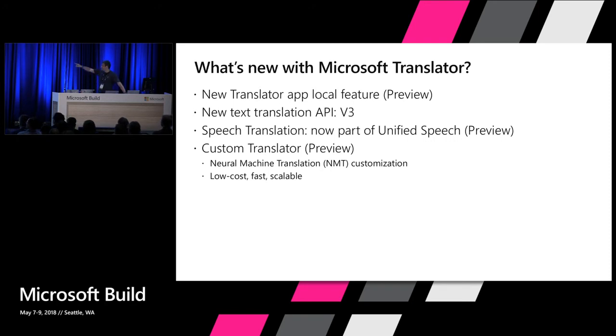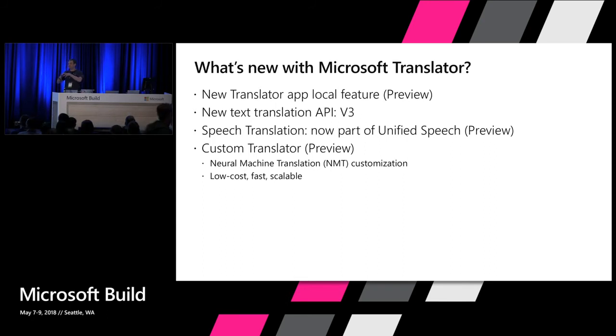So I will show you the custom, that's exactly my next point. Custom Translator is a new product. It's the first, as far as I know, the first product on the market that allows you, at scale, easily, with no code required, to create your custom translation system.